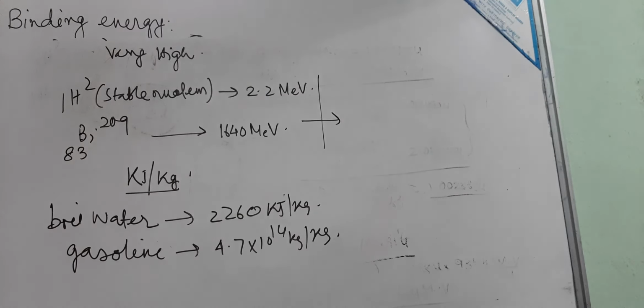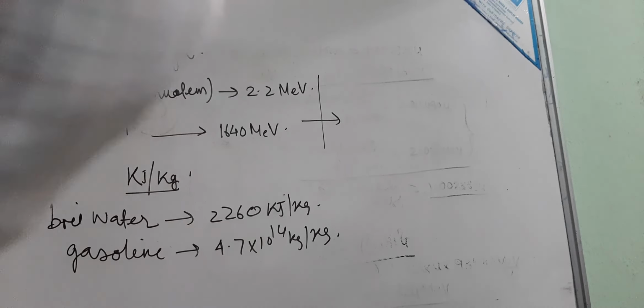If you convert this million electron volt into joule per kg, it comes out to be 8.8 into 10 to the power 11 kilojoule per kg. This 8 into 10 to the power 11 means it is 800 billion, that is 800 into 10 to the power 9 kilojoule per kg.